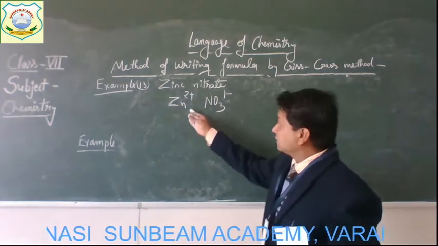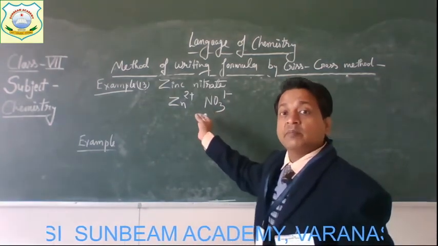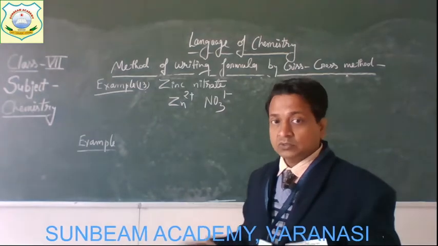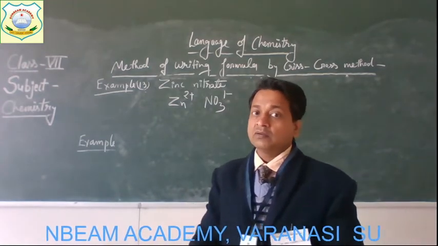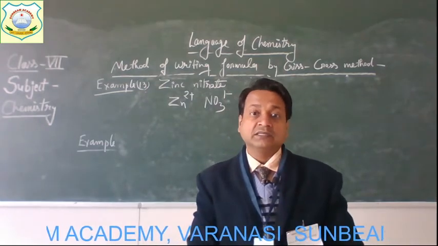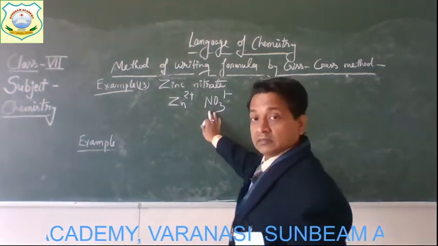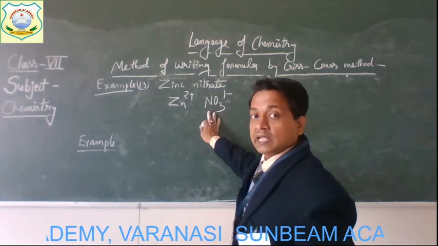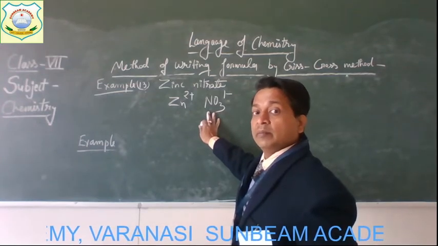And as you can see, there is nothing common in 1 and 2. Now we will cross the valency and put the bracket for this NO3, that nitrate should be in bracket.